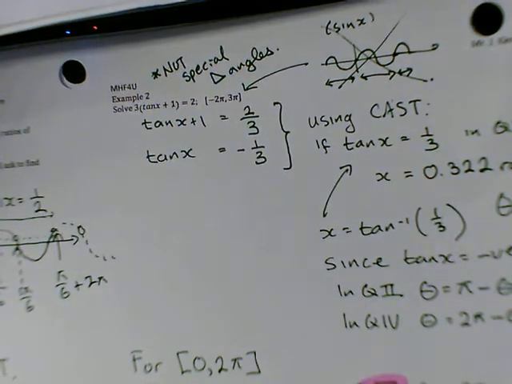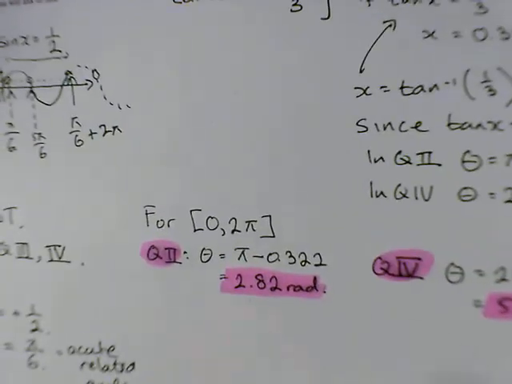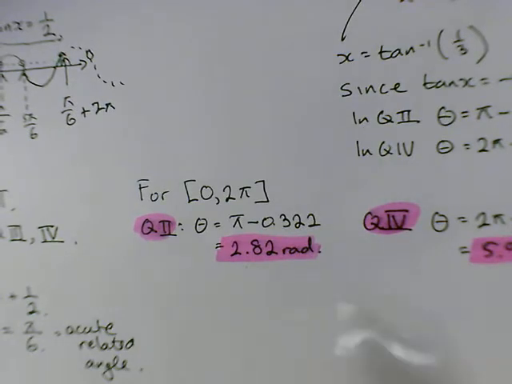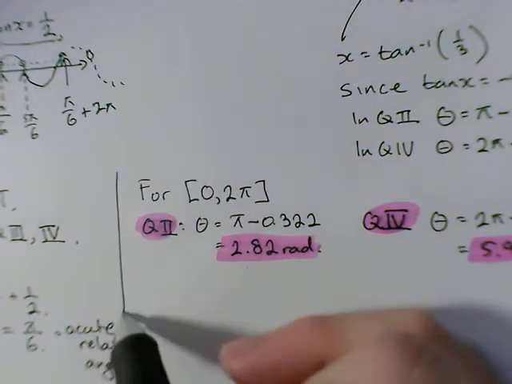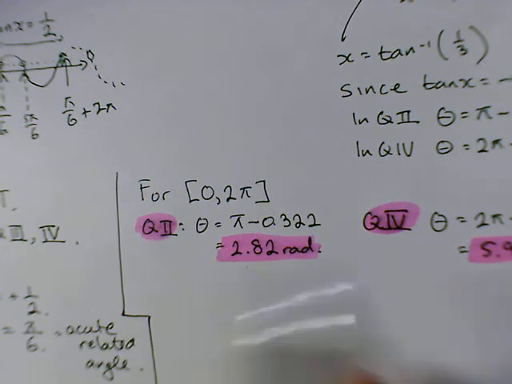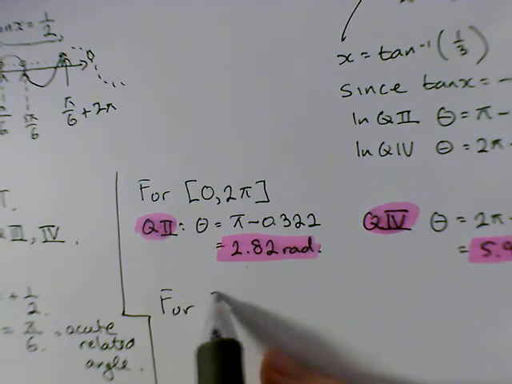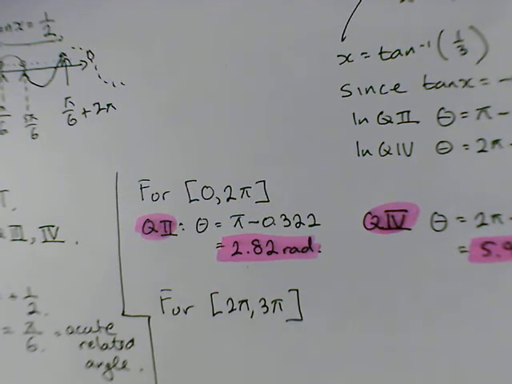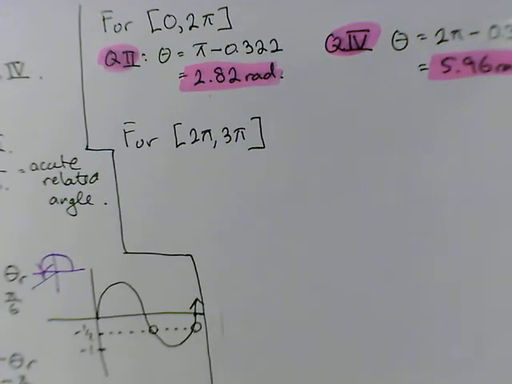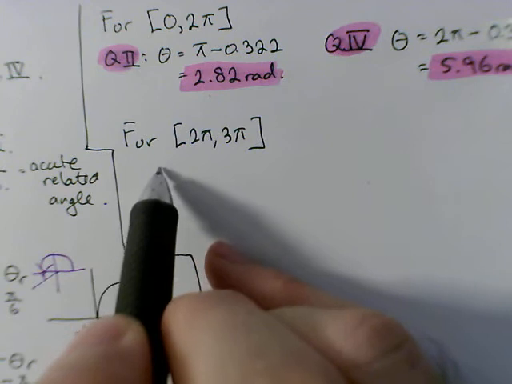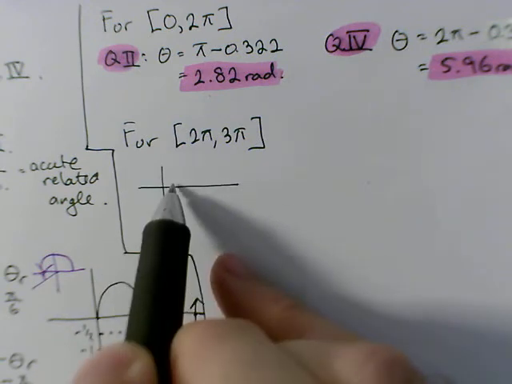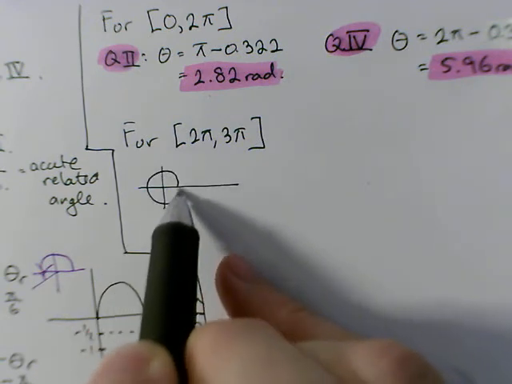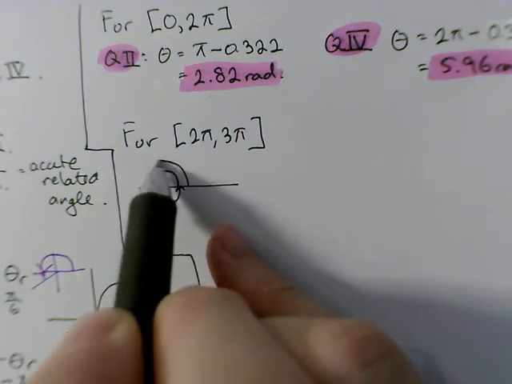Let's do the positive. We have covered 0 to 2 pi. So now we need to consider from 2 pi to 3 pi. From 2 pi to 3 pi is basically, after one full circle, an extra bit here.